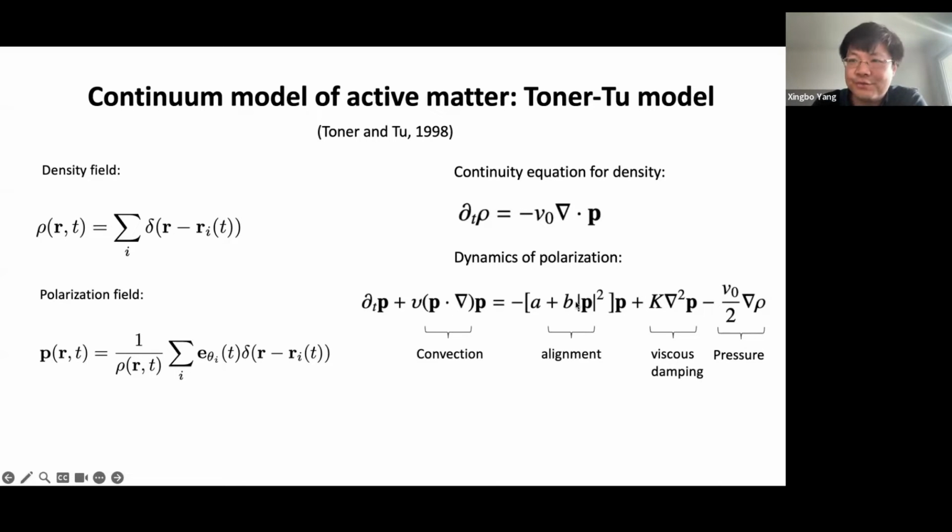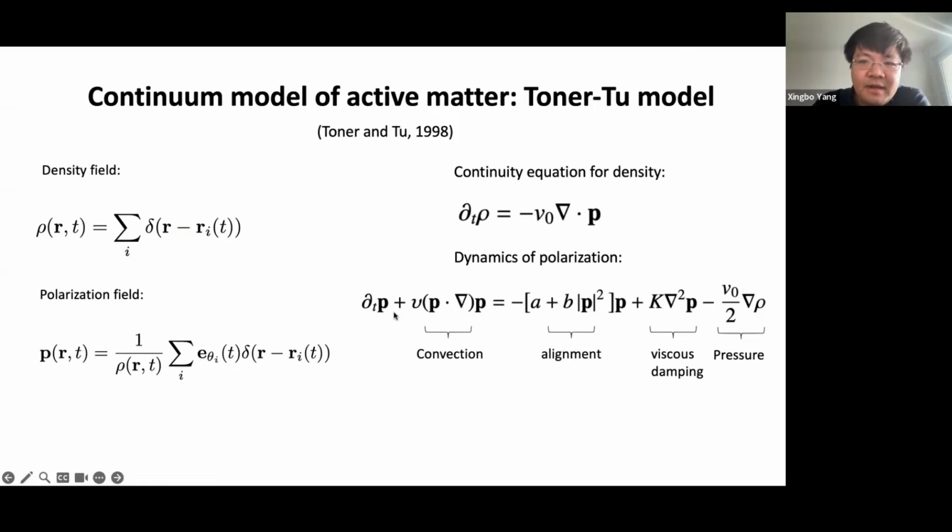And this is due to alignment interactions, which are usually absent, for example, in the Navier-Stokes equations. Then, of course, you also have this viscous damping, which is not too different from the Navier-Stokes equation. You have a pressure term, but here the pressure term is also dictated by activity. Okay, so this is V0, which again you can consider as the cell propulsion speed, which is the active term.